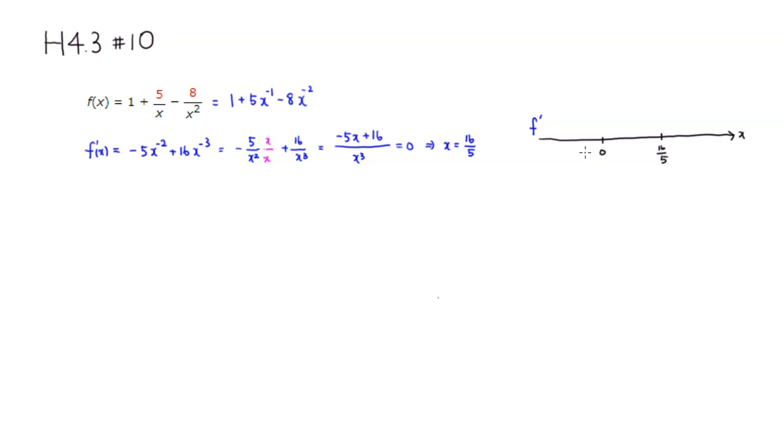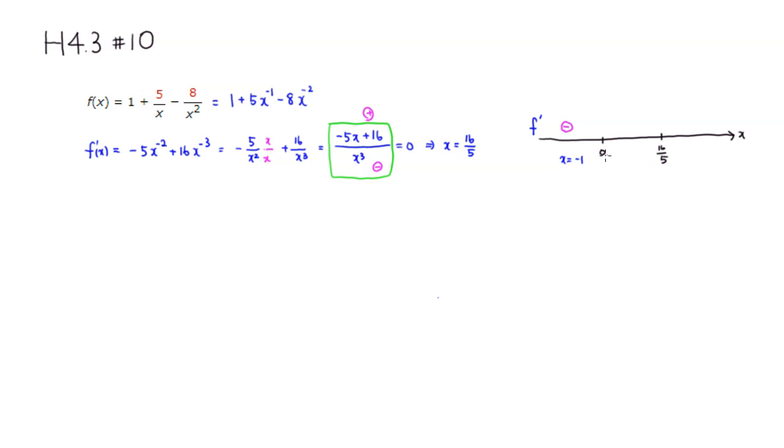We can try any number less than 0, so x equals maybe negative 1. If you plug in negative 1 here, the denominator is negative 1 cubed, so it's negative. Negative 5 times negative 1 is positive, plus 16 is positive. So it's positive divided by negative, so it's going to be negative.